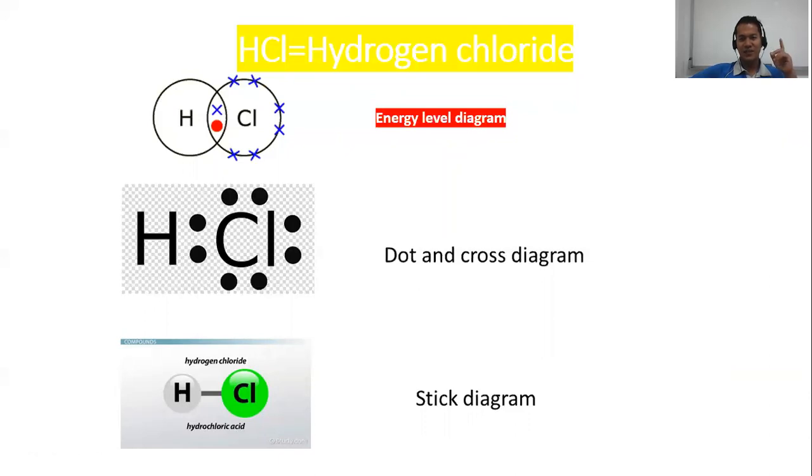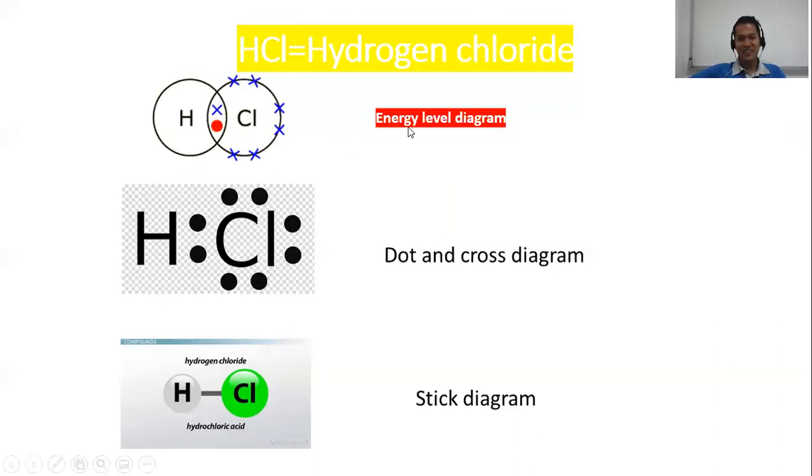Remember that. Chlorine is in period 3, group 7. So that's why we have here 1, 2, 3, 4, 5, 6, 7. So they are going to share 1.